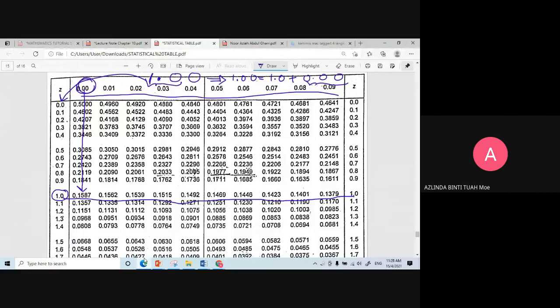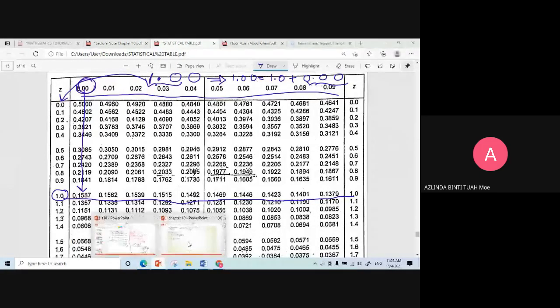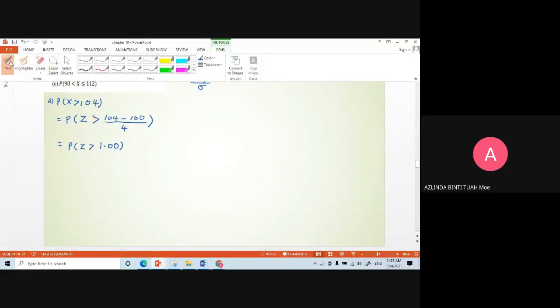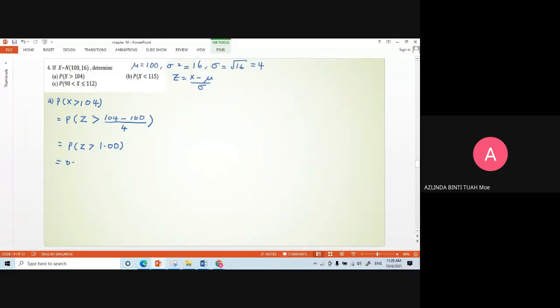Probability dia 0.1587. Okay. Soalan yang seterusnya B. Find probability X less than 115.